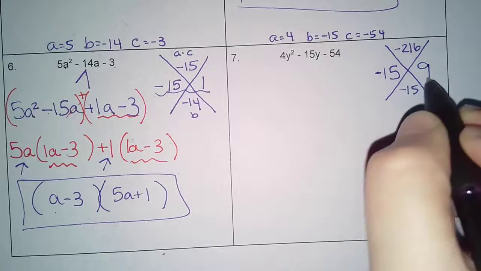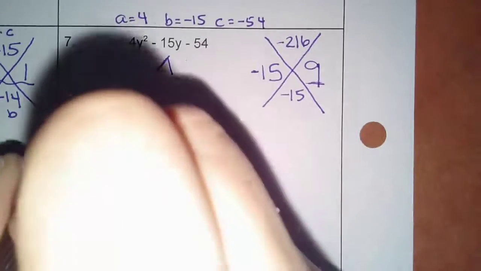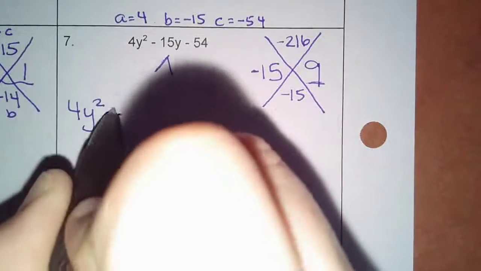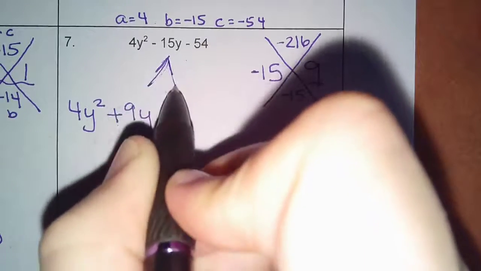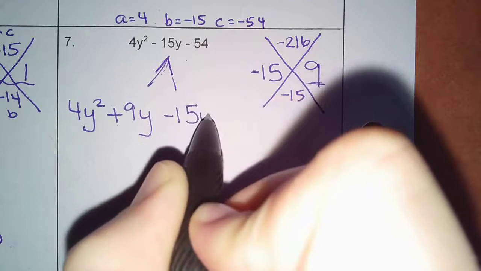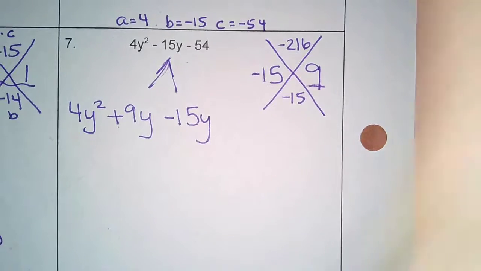So I'm going to drop down the 9 first. I'm going to split the middle term. So we're dealing with y's. So I have 4y squared plus 9y, splitting this one, minus 15y. I wrote that down wrong.